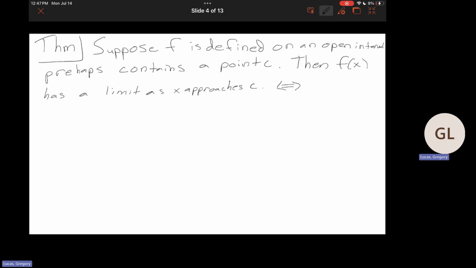This is the same statement as saying that f has a left limit at C and a right limit at C. So it has a left and right limit at C, and they have to be equal.